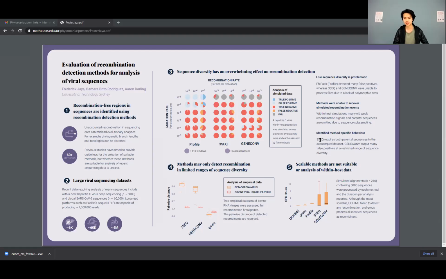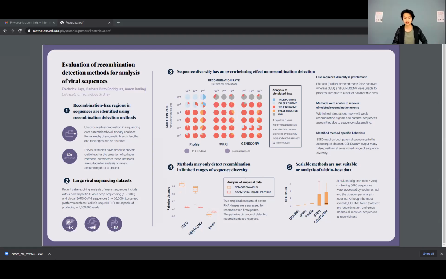And lastly, we found behavior of each method that was specific to the method. For example, GeneConv here at a very particular sequence diversity started detecting false positives, and we think that's attributed to its BLAST-like algorithm being sensitive to similar sequences after monomorphic sites are removed.